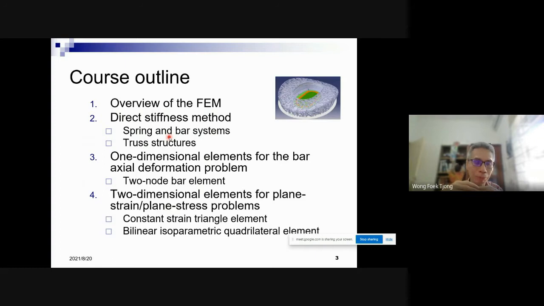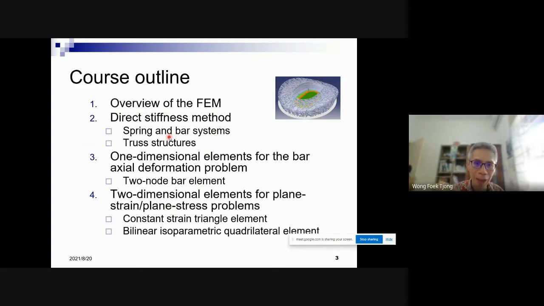And then we are going to apply the direct stiffness method to a more difficult problem, that's two-dimensional truss and three-dimensional truss. Okay, we emphasize for the direct stiffness method both manual computation as well as computer computation programming.